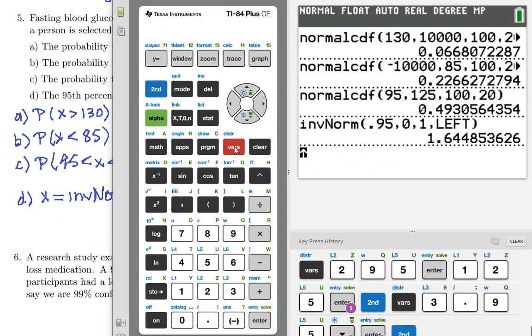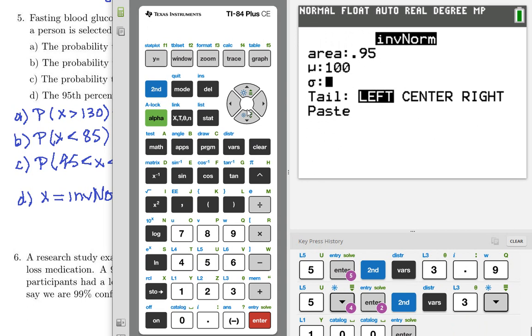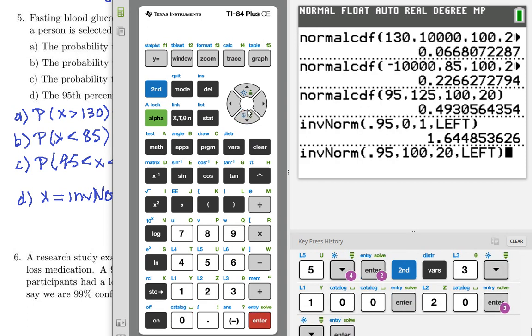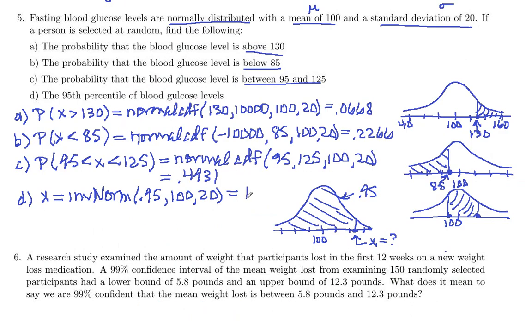Go back in there. Second variables, number 3. We need our mean of 100 and our standard deviation 20. There we go, 132.9. So 132.9 here is the 95th percentile, or it corresponds to the top 5%, because this area is 0.05, because 95 and 5 have to add up to 100.